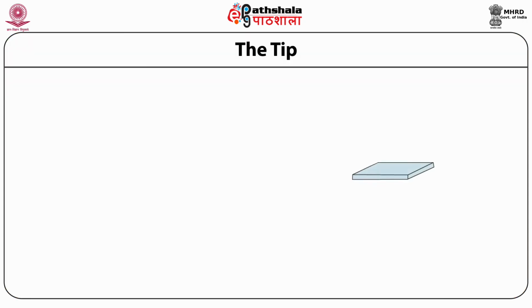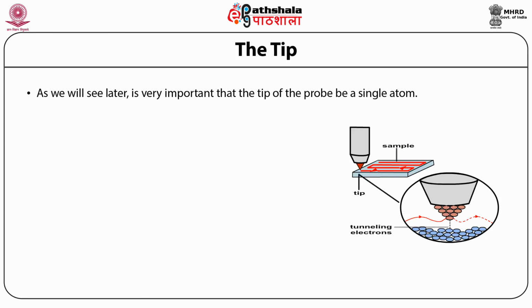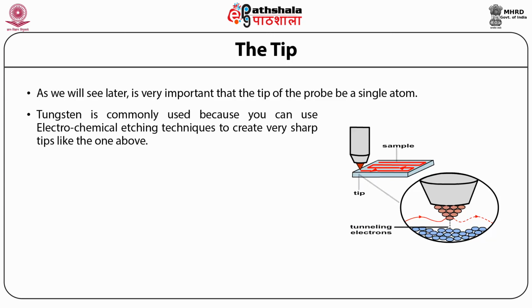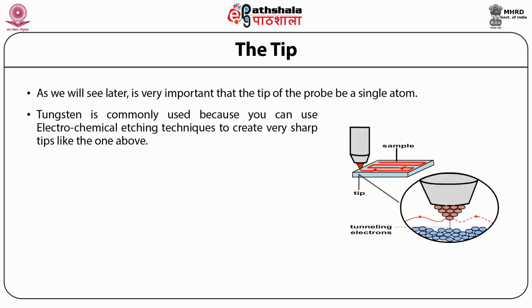So let us now discuss the tip, which is a crucial part of the STM microscope. As we will see later, it is very important that the tip of the probe be a single atom. Tungsten is commonly used because you can use electrochemical etching techniques to create very sharp tips like the one above.